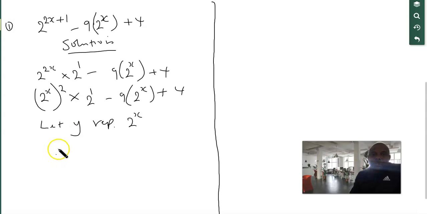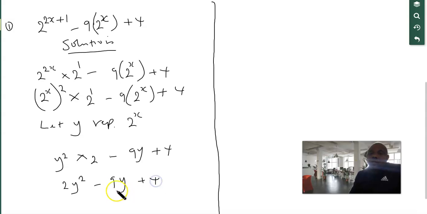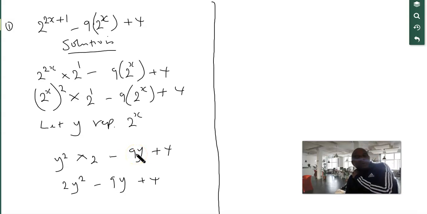So what we're going to have here is y squared times 2 minus 9 times y, plus 4. So multiplying this, it's going to be 2y squared minus 9y plus 4. But remember, we're not looking for y, we're looking for x, but we're just using y to make the equation solvable, so we can solve it easily.